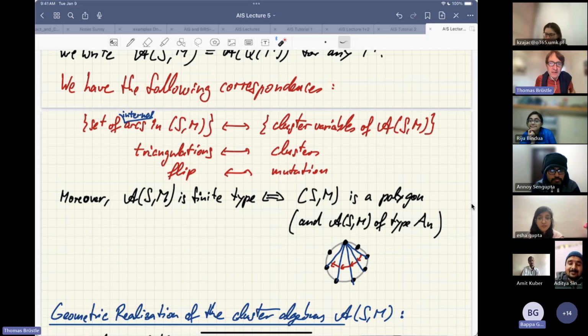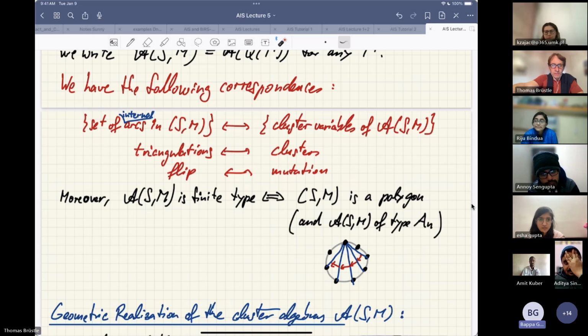Yes. Did I understand correctly that if the genus of the surface is more than one, then there will always be an infinite number of cluster variables? Yes, always.